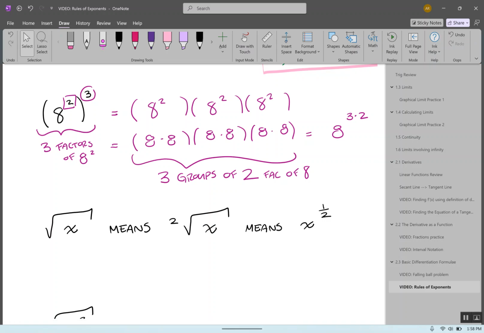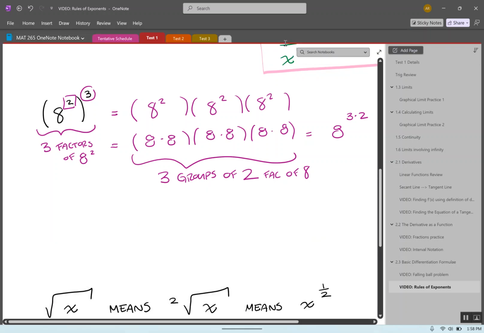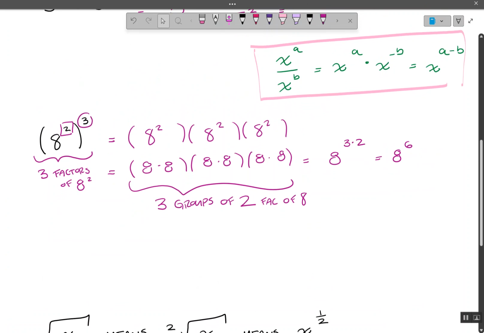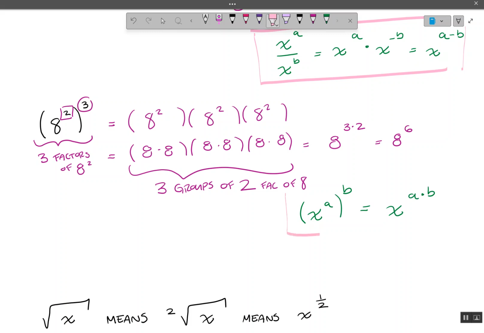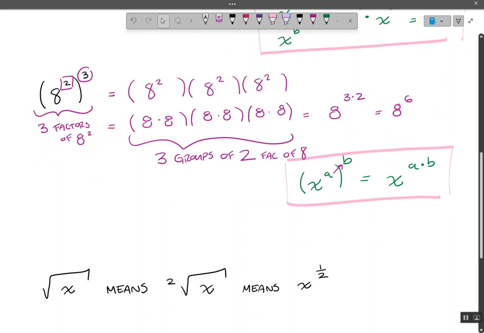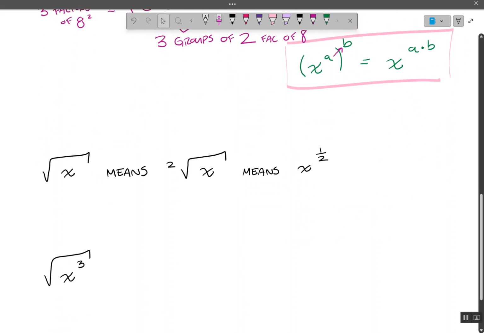Let me just add some space here. Yeah, so the rule here is power of a power, we're going to multiply. I kind of imagine this arrow right here. We're multiplying there. Okay, another thing here.